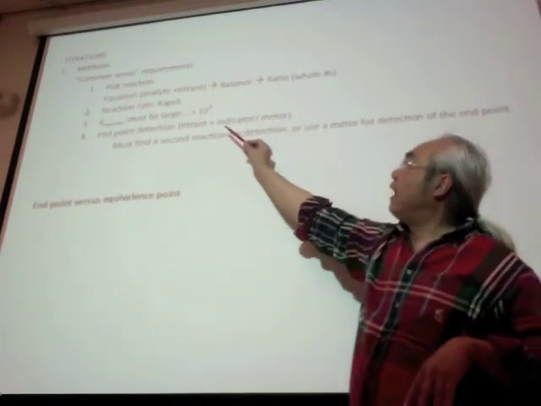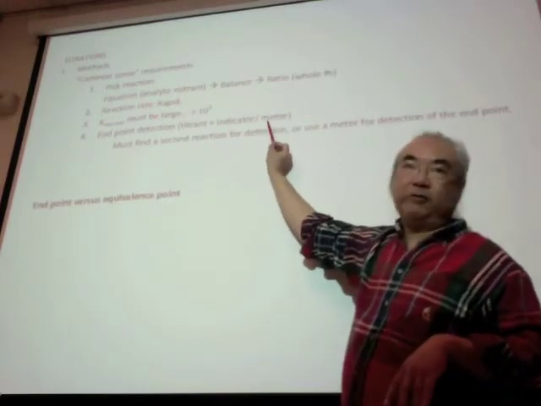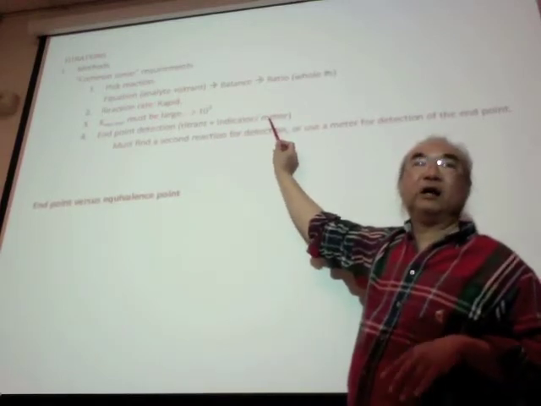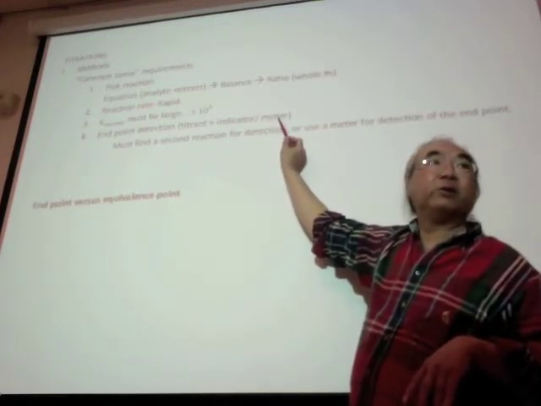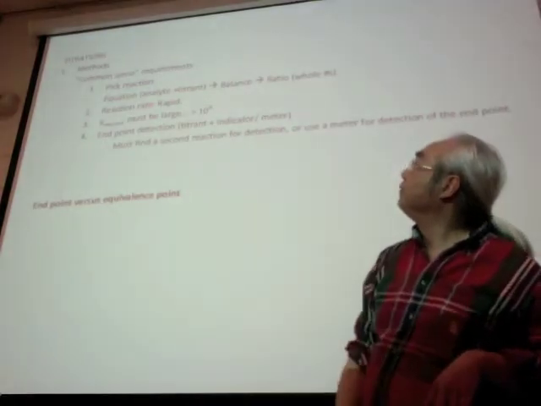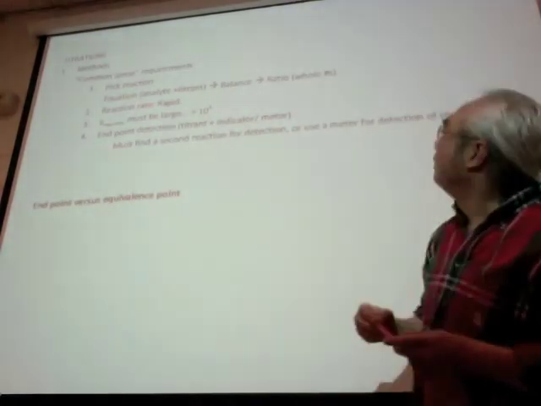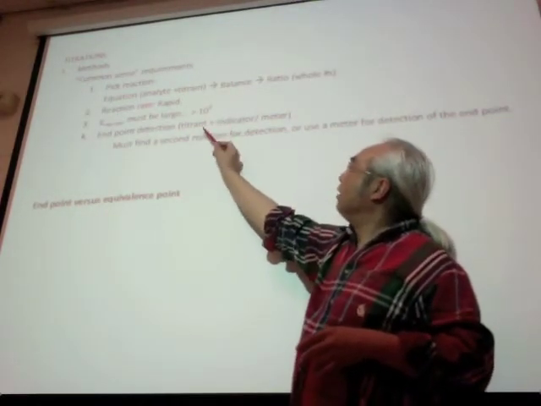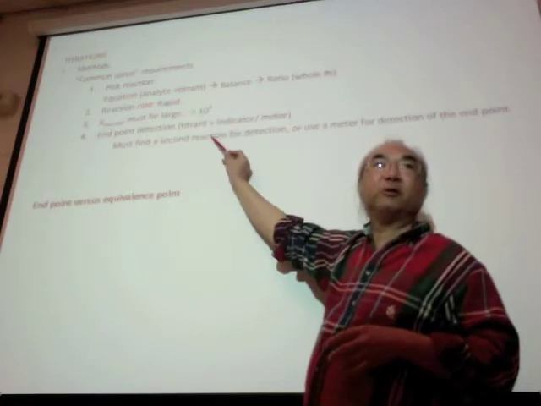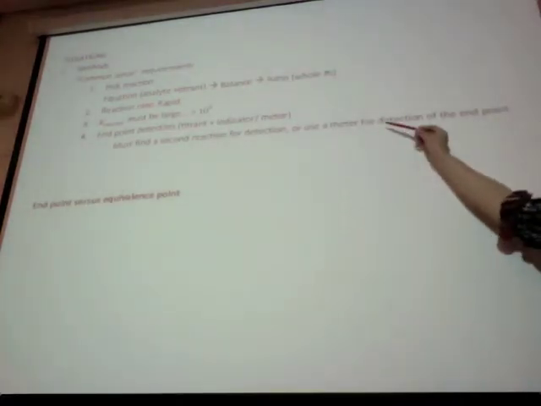Or the endpoint could be realized by using some kind of readout, such as an electrode, to monitor. So what it amounts to is that this is also a reaction. We will call this the second reaction.